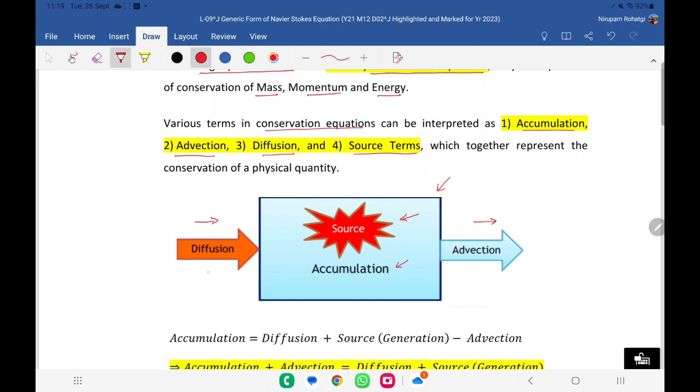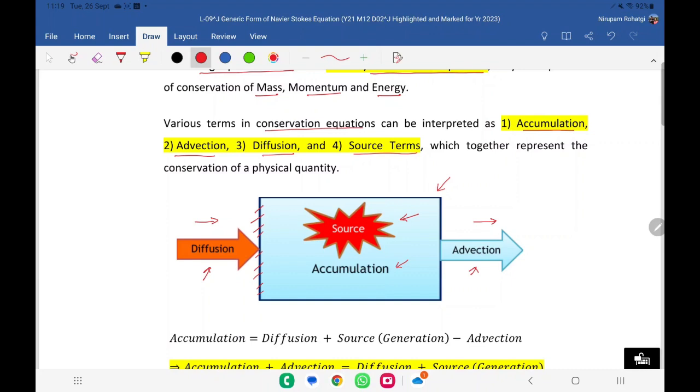Now you should remember what is the difference between these two, diffusion and advection. Diffusion takes place across an impermeable boundary. This boundary is impermeable, impervious. So mass cannot enter here. What is entering in?